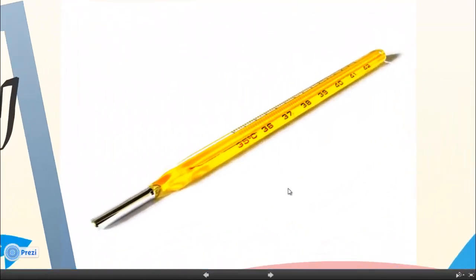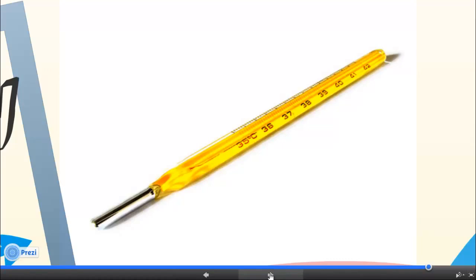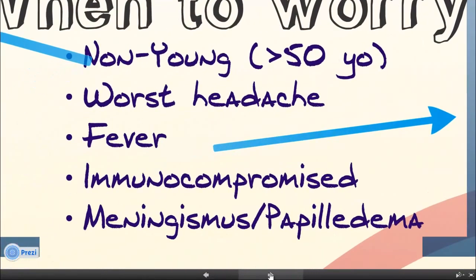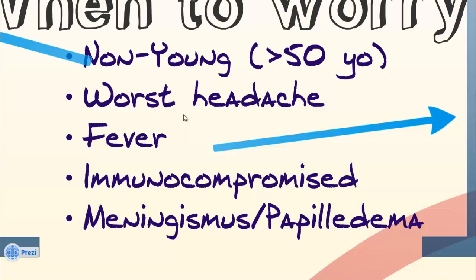Another red flag would be the presence of fever, and of course that would trigger the consideration of an underlying meningitis. If somebody comes in with the worst headache of their life, particularly if it occurred during some exertion, the consideration there is for a subarachnoid hemorrhage due to a burst intracranial aneurysm.